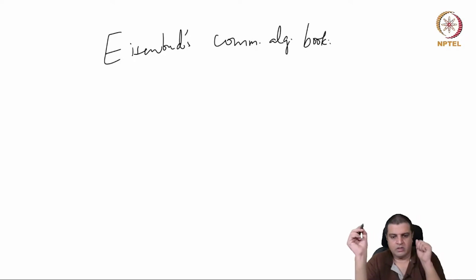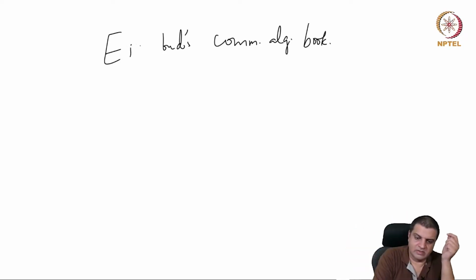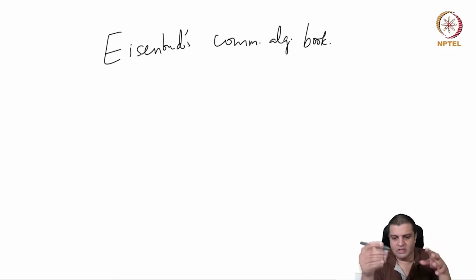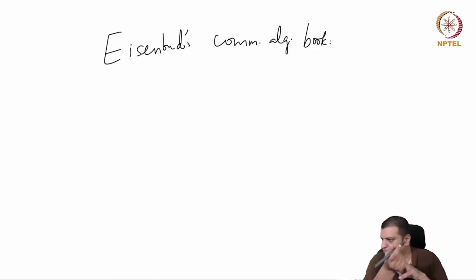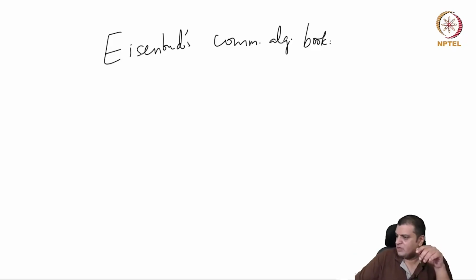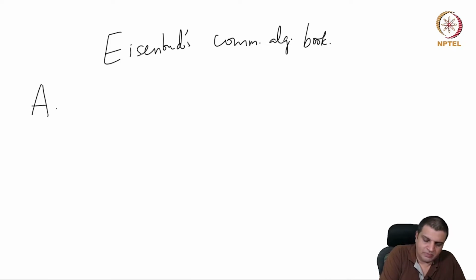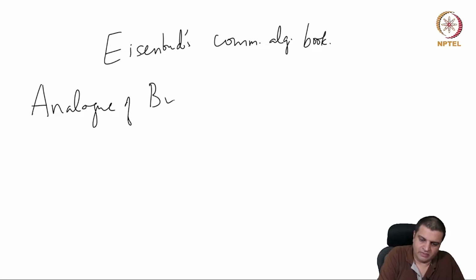Not every book discusses this in that generality, but discussing it for ideals is not enough to describe how syzygies will be, how a free resolution would be computed. Then we have an analog of Buchberger's theorem, S-polynomial, all those things. So let's briefly review how that is.